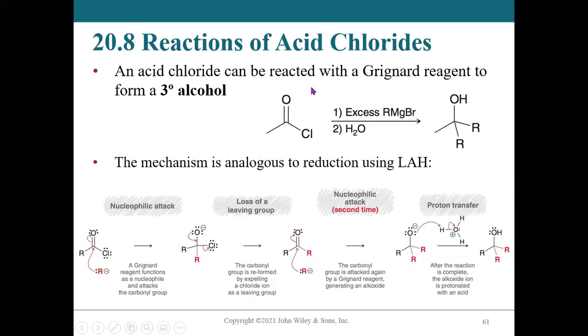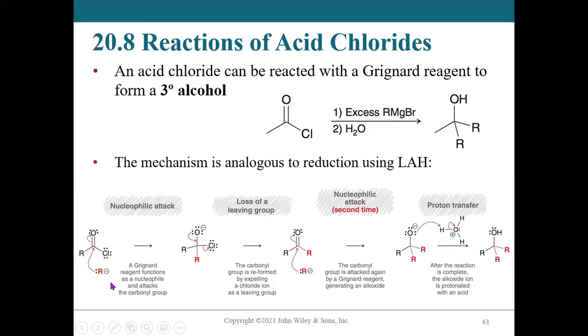Acid chlorides can be reacted with the Grignard reagent to form a tertiary alcohol. So we have this acid chloride, use excess Grignard reagent RMgBr, then workup, producing this tertiary alcohol. The mechanism is analogous to reduction using LiAlH4.